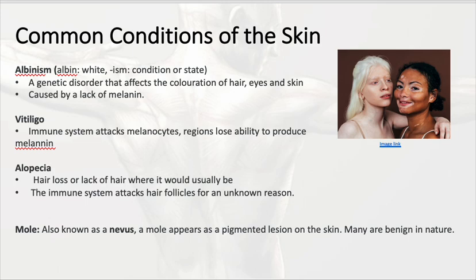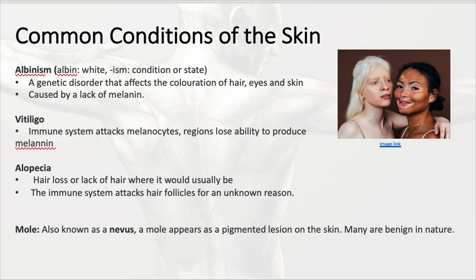Therefore, people with albinism are at much higher risk of developing skin cancer, and they often also have vision problems, because melanin is not only beneficial for the development of the optic nerve, but it also helps absorb excess light in the eyes, so the color of your iris. Therefore, individuals with albinism may have increased eye sensitivity, and their skin will be more prone to sunburn because melanin provides some protection from the sun.